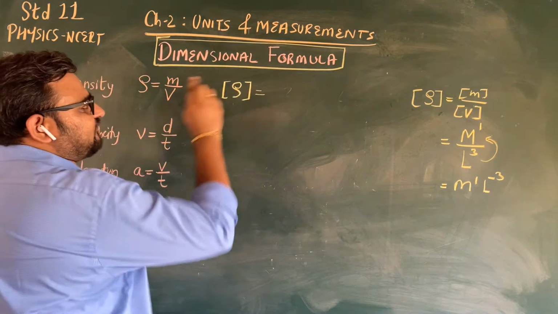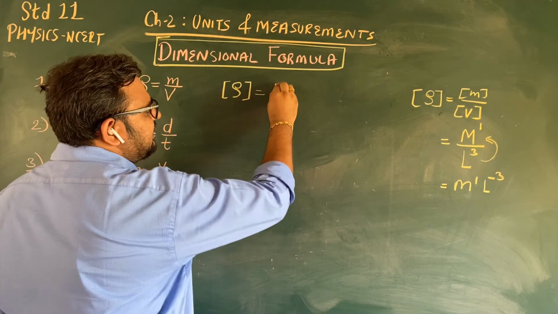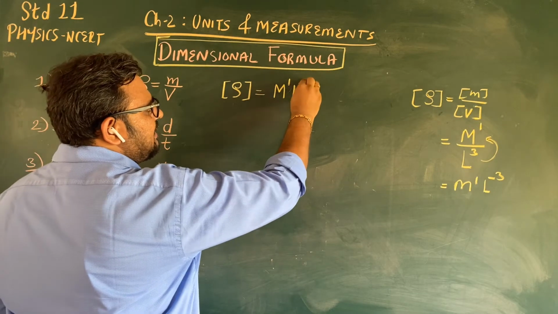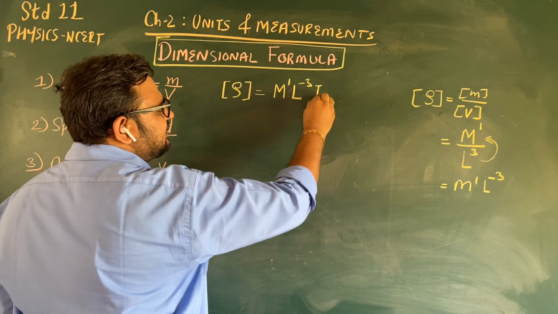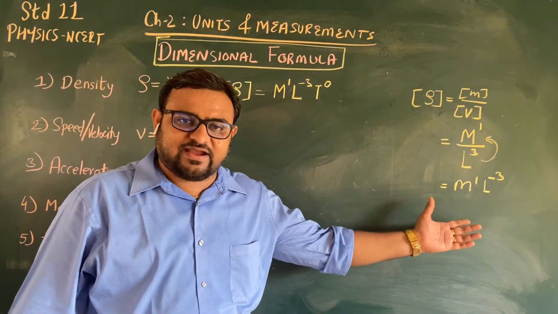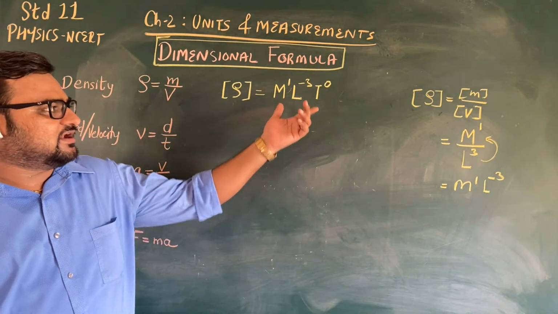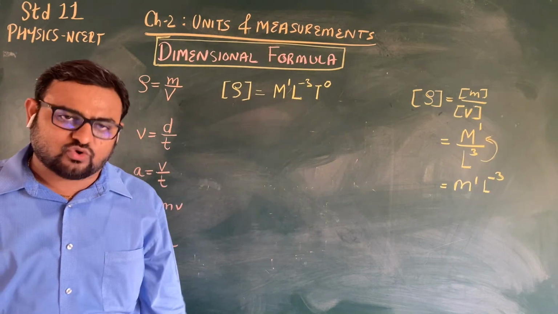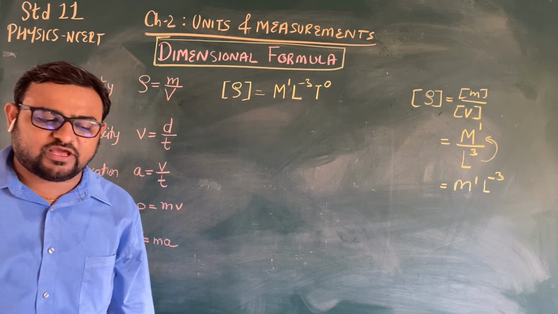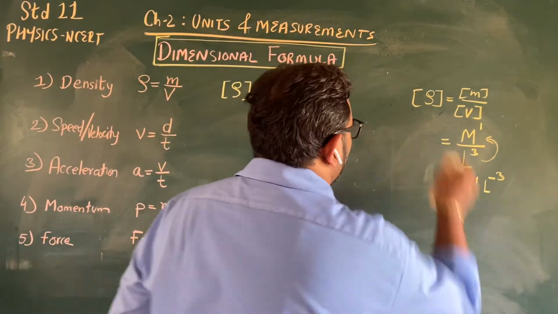So the dimensional formula for density will be equal to M1 L minus 3 T 0, as there is no time factor, so I will consider it as T 0. So this is the dimensional formula for density. Okay, now let's move to the next one.